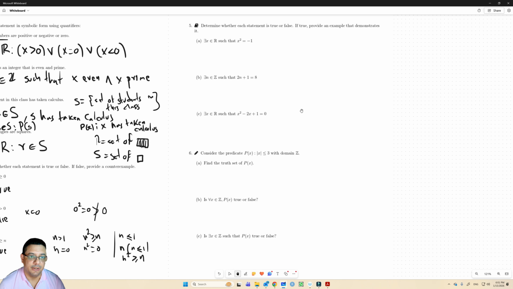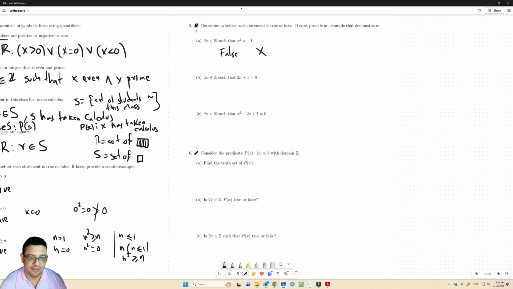Now, number 5, determine whether each statement is true or false. If true, provide an example that demonstrates that. Is there an x such that x squared is minus 1? And this is false, because there is no number such that its square is going to produce a negative number. That never will happen.